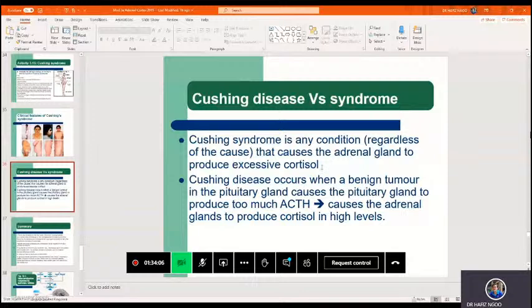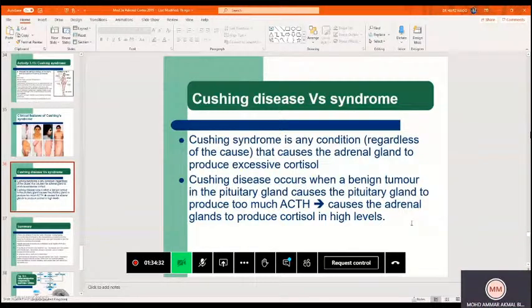That means you don't actually know where the source is coming from in Cushing syndrome. But if you specifically know that the source is the pituitary gland because of increased ACTH that causes high cortisol level, then you call that Cushing disease. Is that okay?